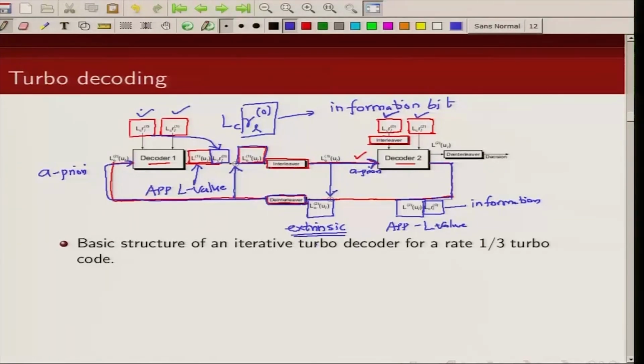You can see this extrinsic information is getting passed from one decoder to another. Ideally, we would like this extrinsic information to grow in a manner so that it pushes the decision in favor of the information bit being +1 or -1. That is when we say the decoder is converging with iteration.